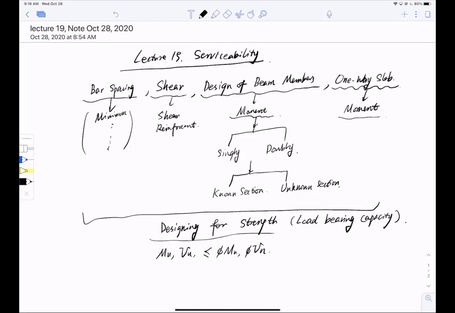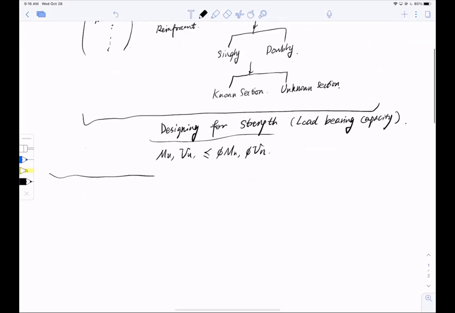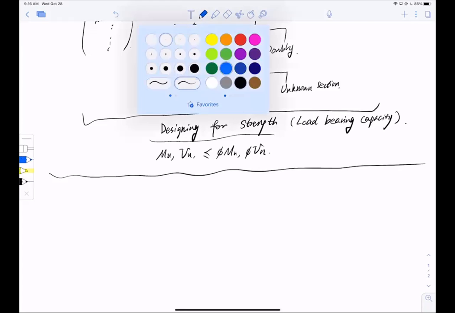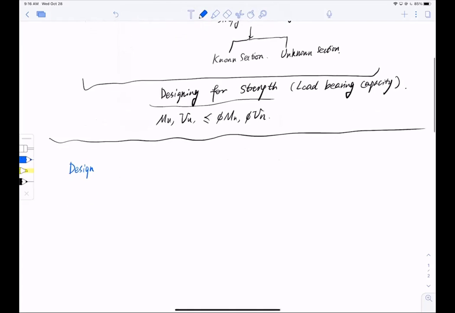And going all the way back to the beginning of class, we mentioned that design has to satisfy two criteria.